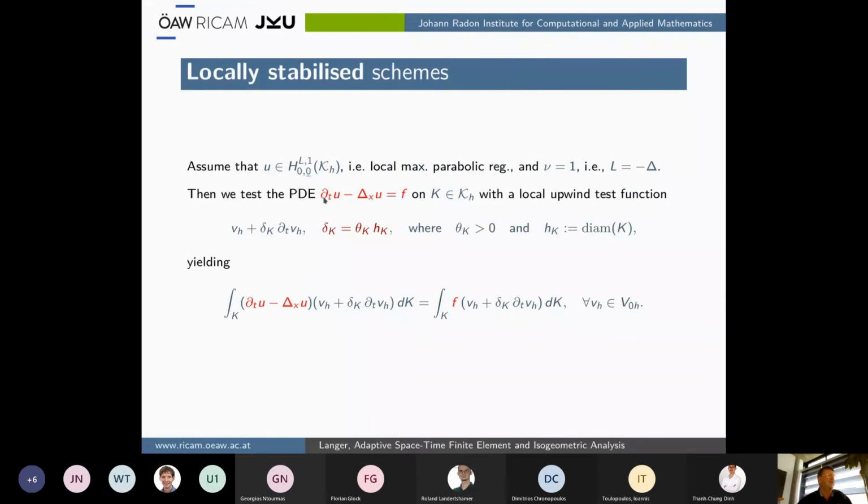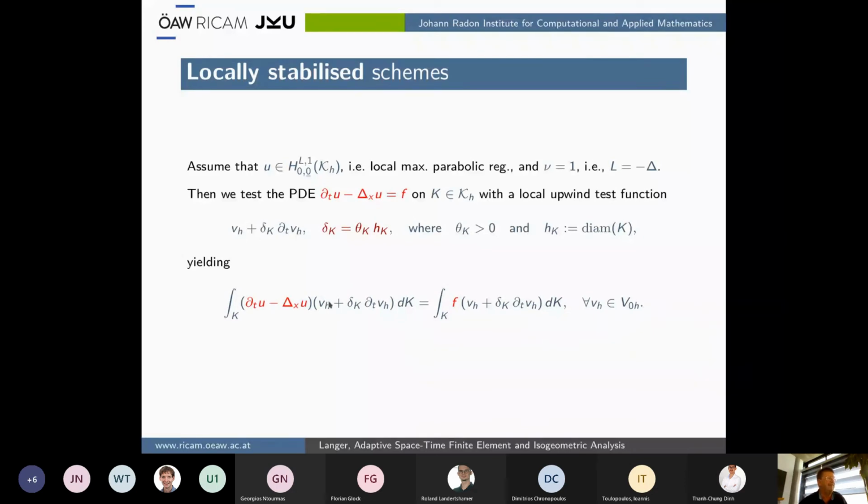So let's assume u is a solution of this PDE, with heat conduction, with identity. When I multiply this by a test function, but with an upwind, because I look now at the time derivative as a strong convection in time. And if you have a convection in space, for instance, you should take an upwind function. This is SUPG, streamline upwind Petrov-Galerkin. So I use this one, not only a test function v_h, but this upwind test function.